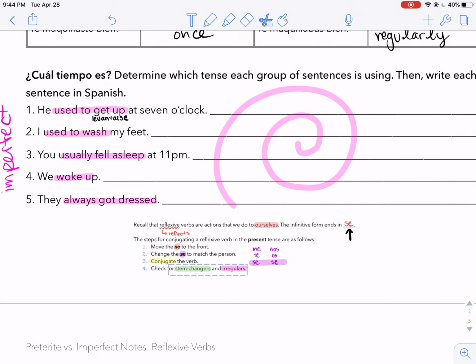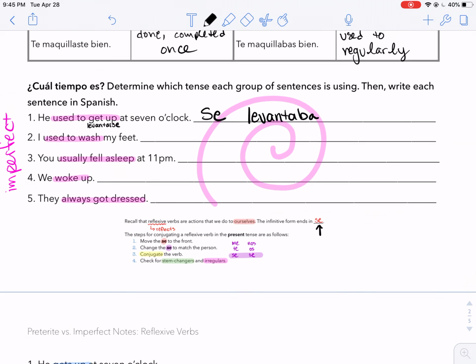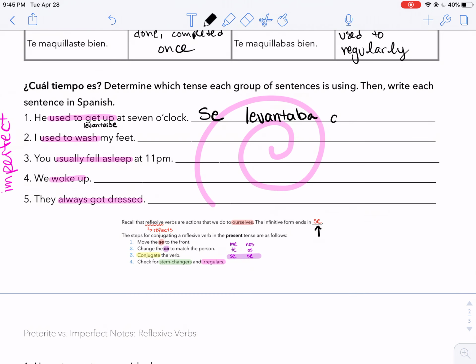He used to get up. Let's take that se and move it out to the front. Se. And then se still matches he, so good. Then levantaba. Then there are no stem changers, and this is not irregular. So se levantaba a las 7. Take a shortcut and write the number.